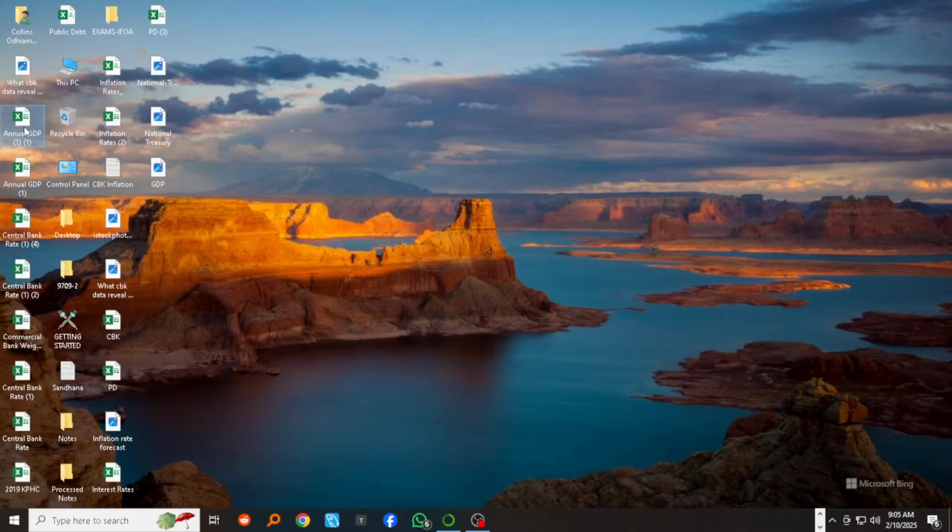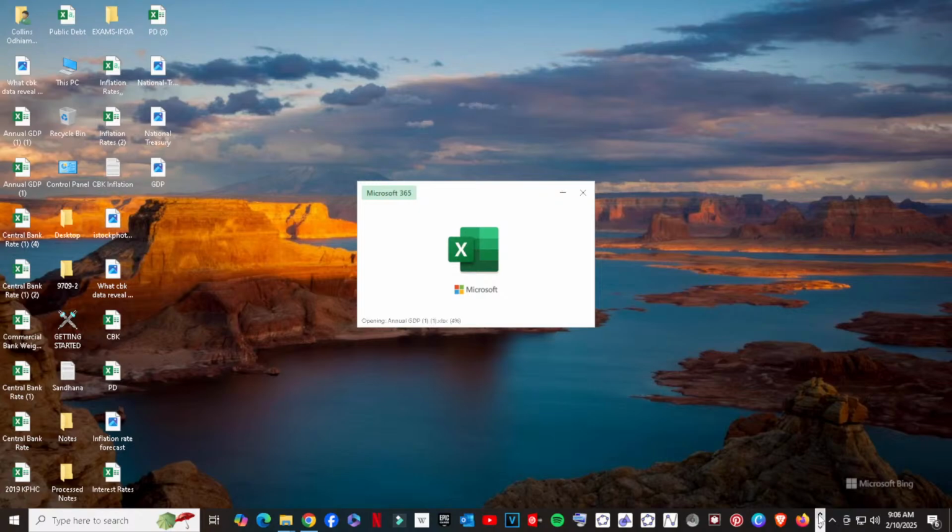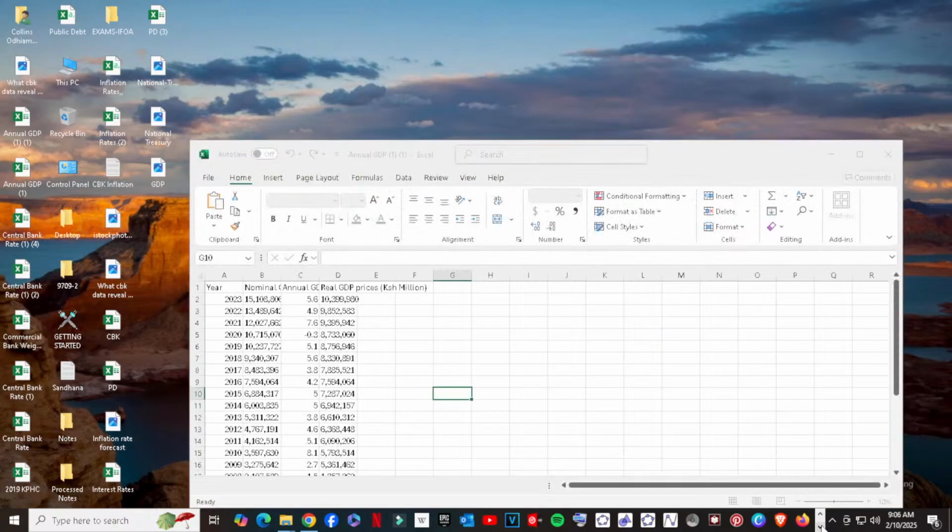That will be useful in seeing how the data looks like. Just a moment, let it load. And our lab is ready, as we have seen.